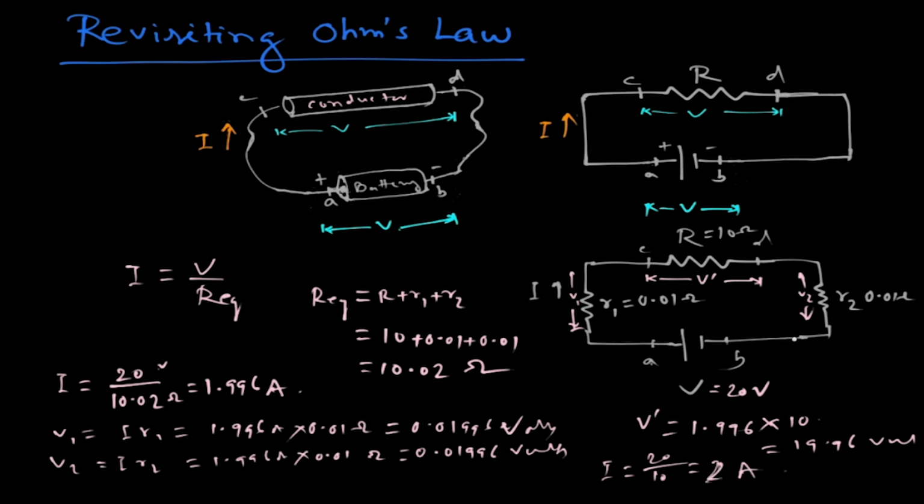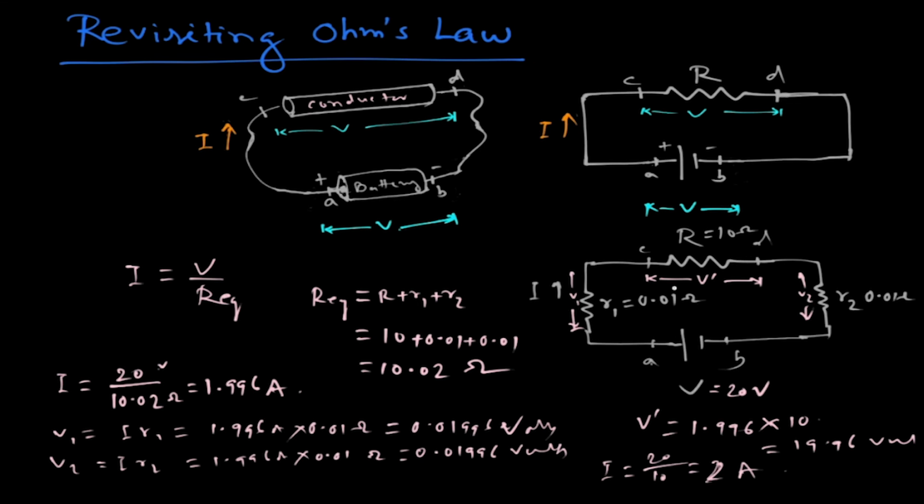You can see that in this resistance also its value is 10 ohm. Its accuracy is maybe 2%, 3%. That means this resistance is also not exactly 10 ohm. That may be 9.96, 9.98 like that, or it may be 10.1, 10.2, anything like that.